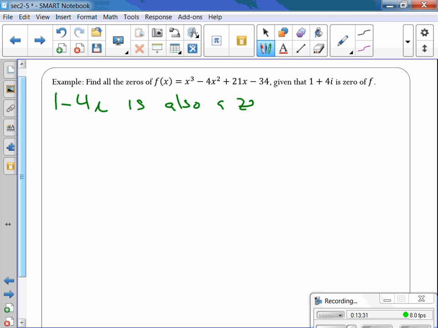So, I have myself a cubic, a 3rd degree polynomial, I have 2 zeros, should be a piece of cake, right? I don't have to look for any more zeros, do I? Once I get down to the last division, I should have a linear, I should actually have the 3rd 0. So, dividing by that first 0, 1 plus 4i.